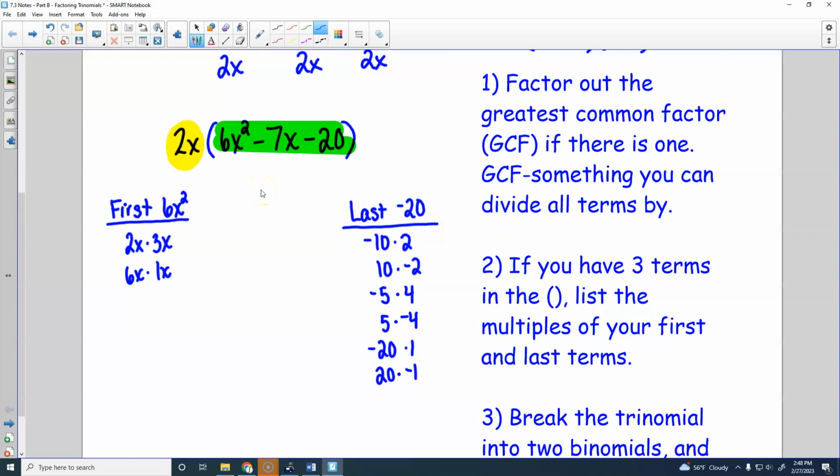We know whenever we multiply binomials together, when we multiply those first two terms together, it gives us this first term right here. And when we multiply those last two terms together, it gives us this term right here. So these are my possible last terms, and these are my possible first terms.